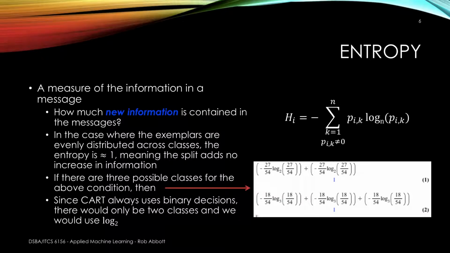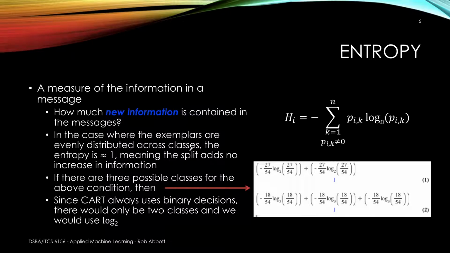So entropy is the measure of information in a message. So how much new information is contained in the message? And something to understand here is when we're talking about a message, what happens if the exemplars are evenly distributed across all of the classes for a given test?